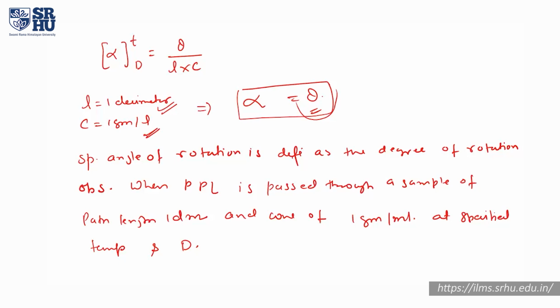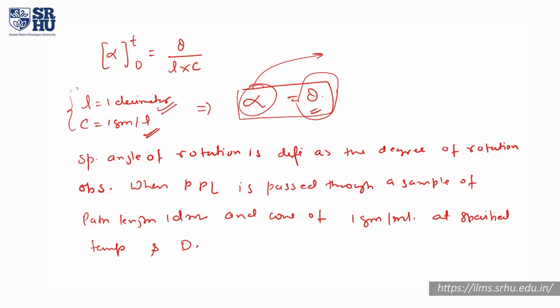So if you measure the angle of rotation keeping L and C as 1 decimeter and 1 gram per ml, the observed angle of rotation will now be called the specific angle of rotation, and this can identify the sample.